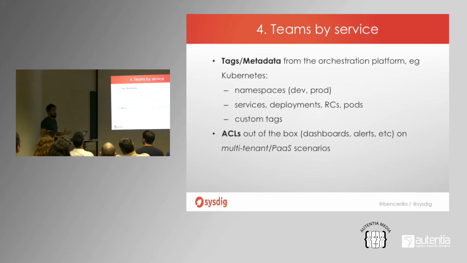It's going to be, again, my orchestration tool. Namespaces, deployments, services, and we can even add custom tagging inside tools like Kubernetes. What if we could take all those entities, apply some ACLs, some permissions, and use those to define visibility and access for the different teams?